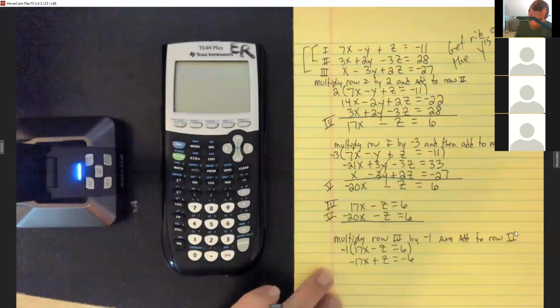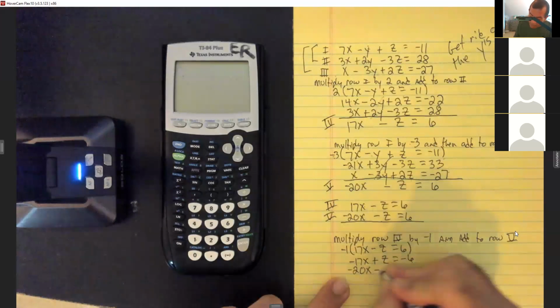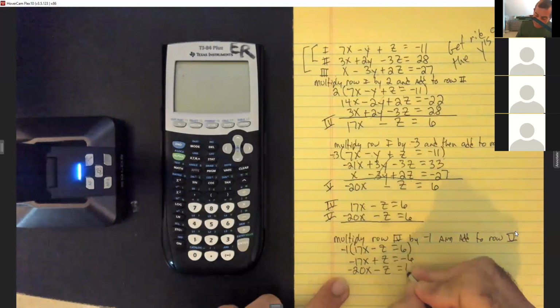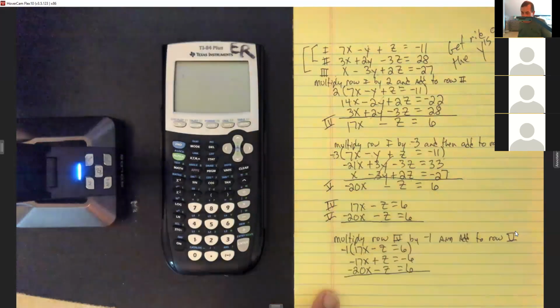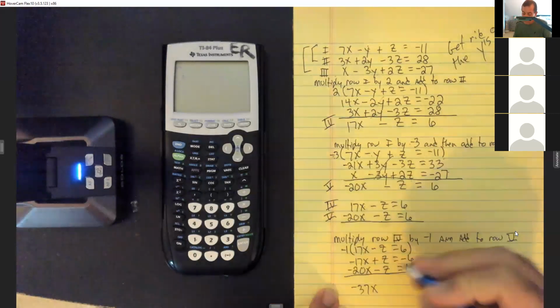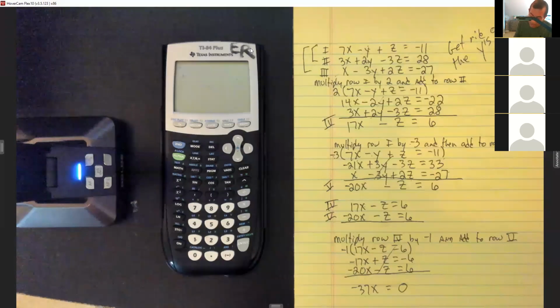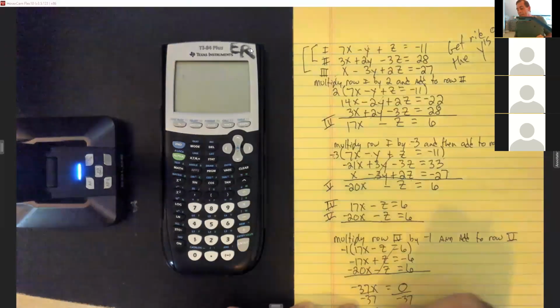Bring in your row 5, which is negative 20x minus z equals positive 6. Look what's happening here. That gives me negative 37x. The z's cancel, and negative 6 and 6 give me a big 0. Which means when you divide by negative 37, we know automatically x is 0.